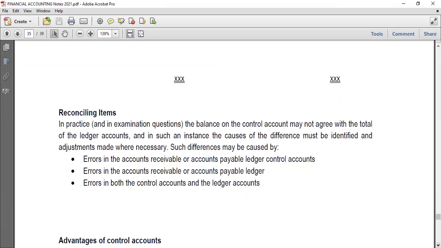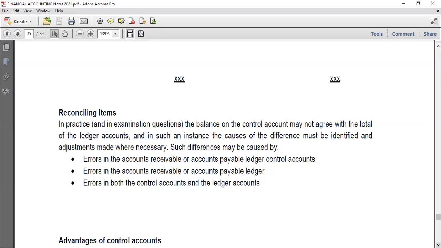Now, also, of course, we just want to understand that for examination purposes, or what you may find in an examination question, the balance of the control account may not agree with the total of the ledger accounts, okay? For example, you'll be able to see your debtors ledger not agree with the debtors control account.